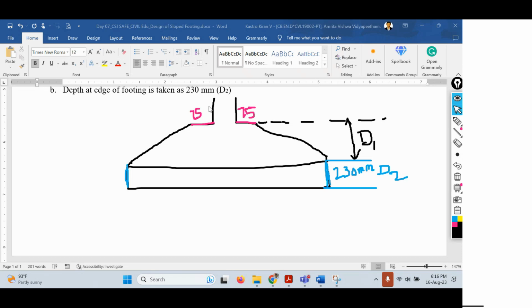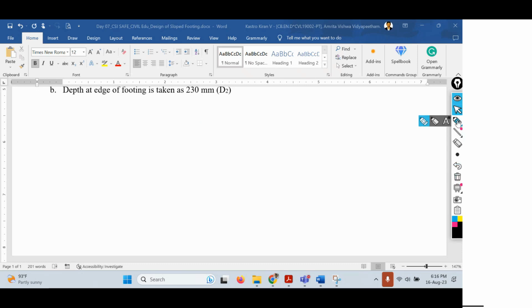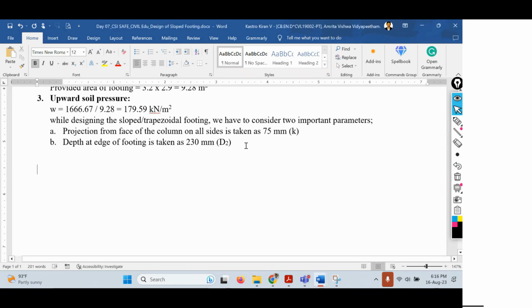The projection from the face of the column on all sides is taken as 75 mm, and the depth at the edge of the footing is taken as 230 mm. Based on this criteria, we have to find out the depth required for flexural criteria and the depth required for shear criteria. I hope this diagram is clear. So now let us do the calculations. Let me write that step.